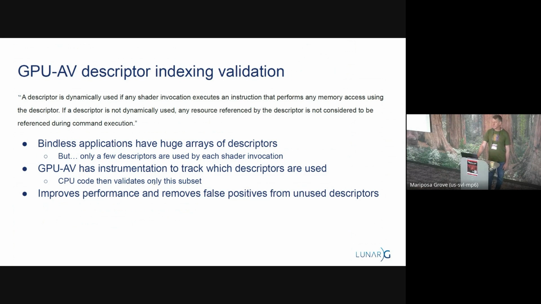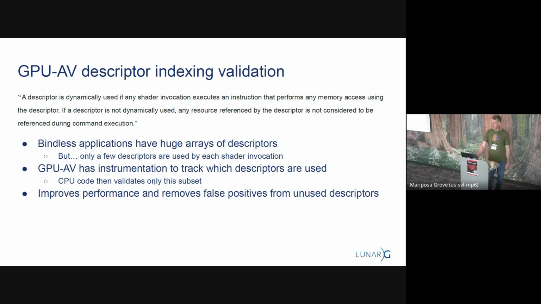So what happens now is GPU-AV has a piece of memory that tracks which of those 1 million descriptors are used. We run the shader, do some basic checks like, is this descriptor still valid? Like if you delete an image, that makes the descriptor invalid. We can detect that on the GPU and prevent a crash, but there's a whole bunch of other stuff that is only checkable currently in CPU time, like image formats and, I think, sizes or a few other ones.